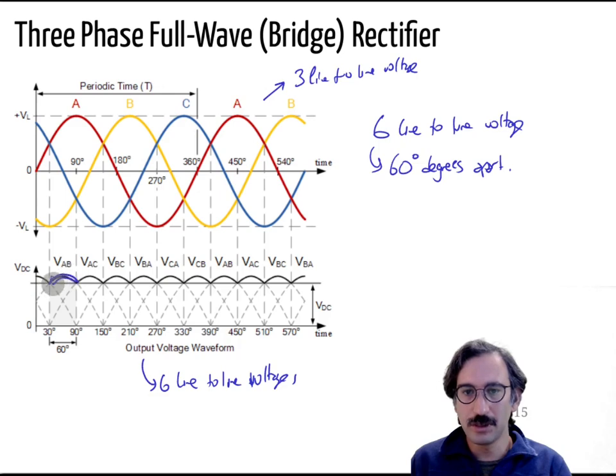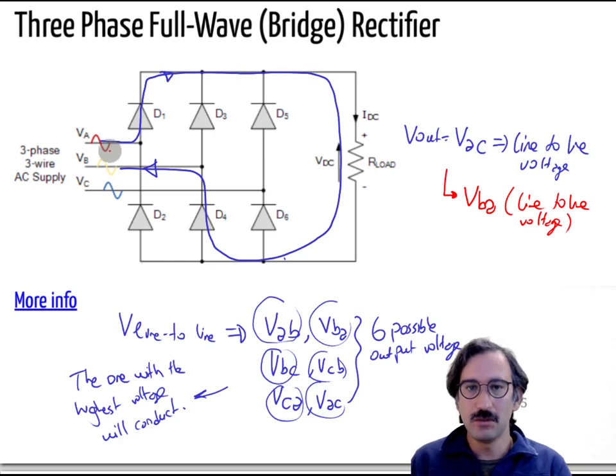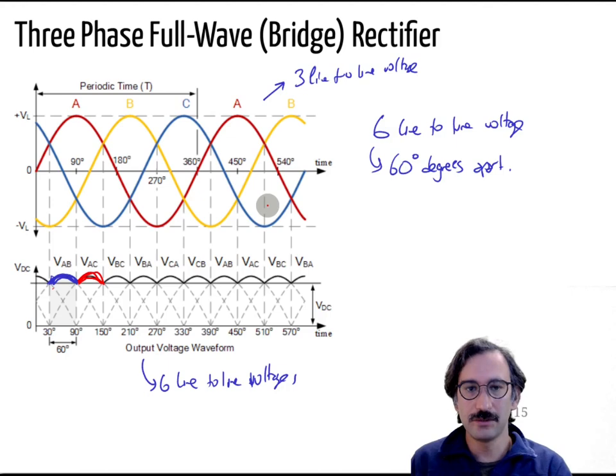Let me write this one as blue, then it will jump to VAC. VAC means it is still flowing through D1, but the return path is changed.